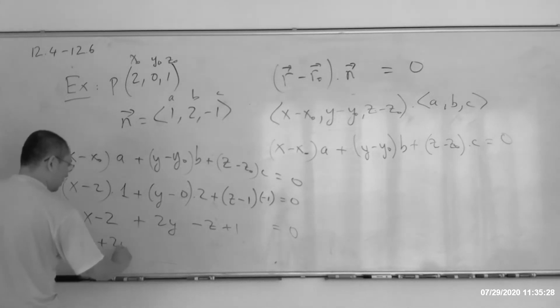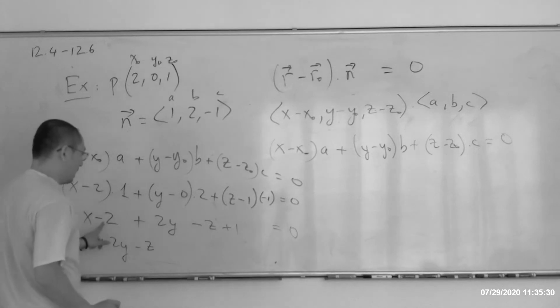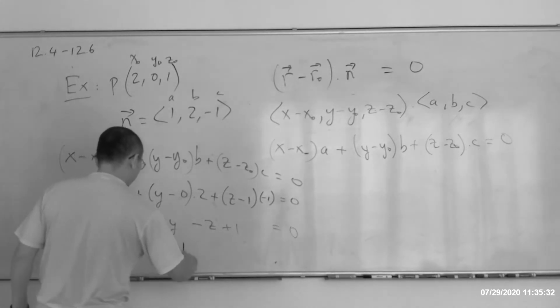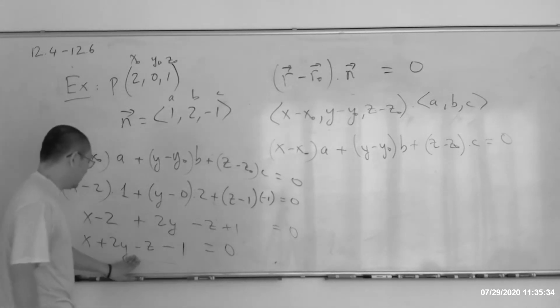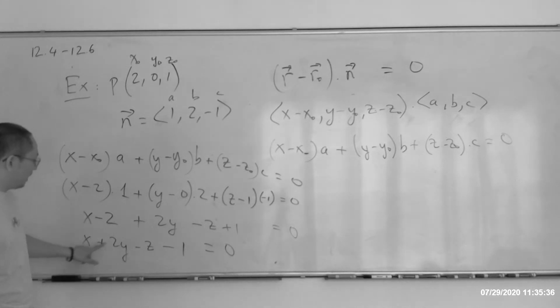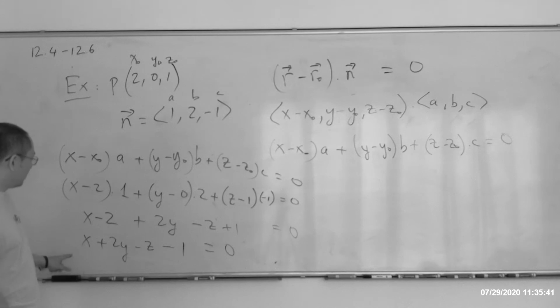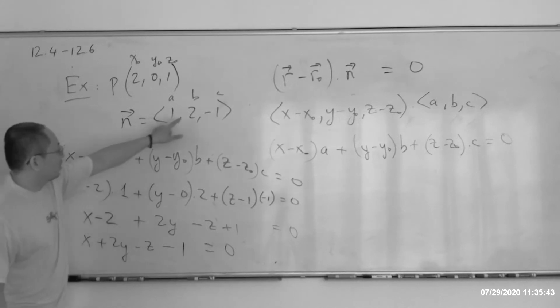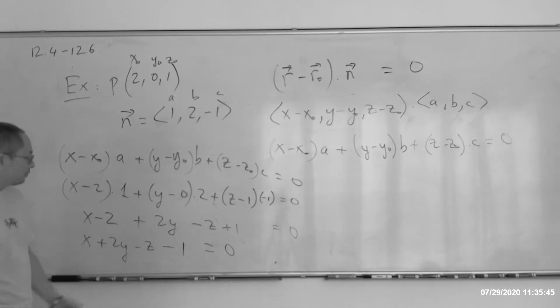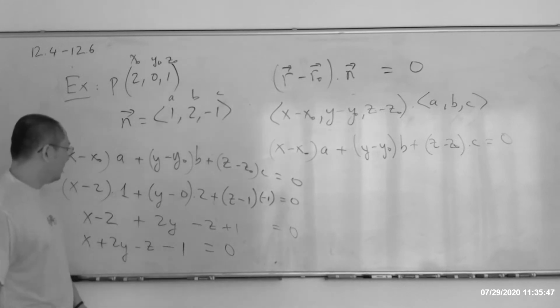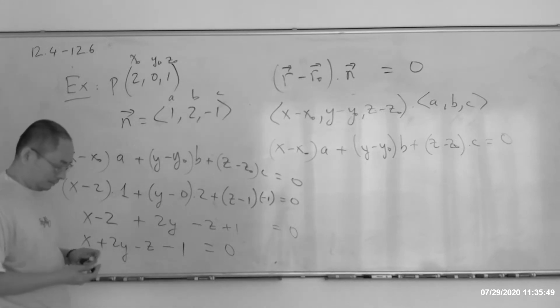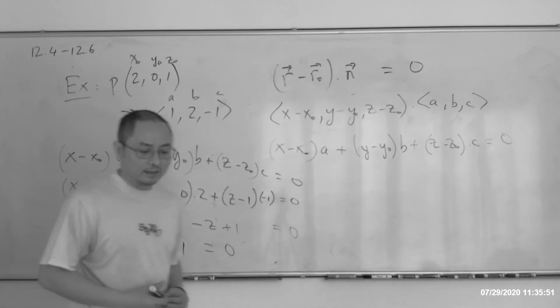X plus 2Y minus Z, -2 here plus 1 there is -1 equal to 0. So here A is 1, B is 2, C is -1, and D is -1. The normal vector is 1, 2, -1 right here. And -1 right here is the D value we're talking about. That's it.